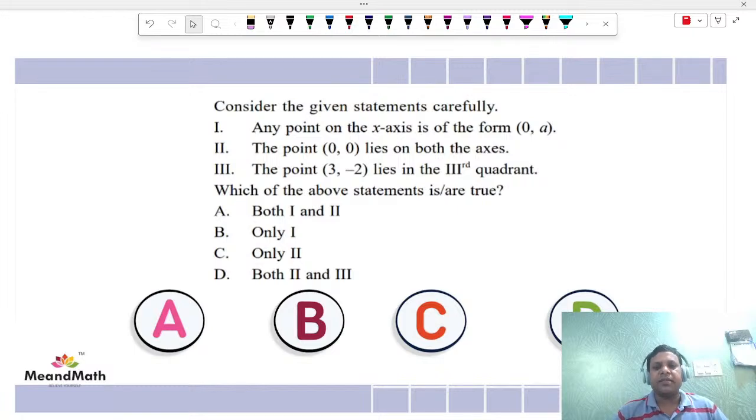The point 3 comma minus 2 lies in third quadrant. बहुत इजी क्वेश्चन है ये, आप लोग बहुत इजीली कर सकते हो. तो फटाफट से बताओ आंसर. कौन कौन से स्टेटमेंट करेक्ट हैं? फर्स्ट वन, सेकंड वन और थर्ड वन.